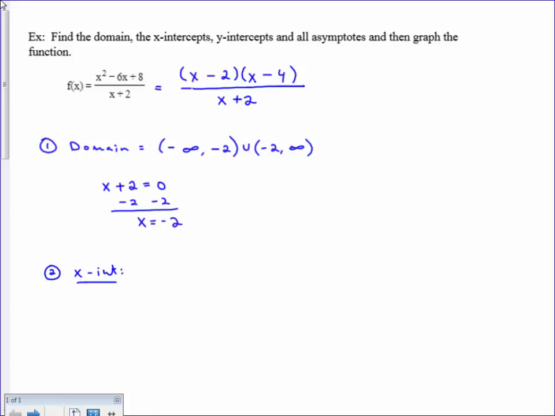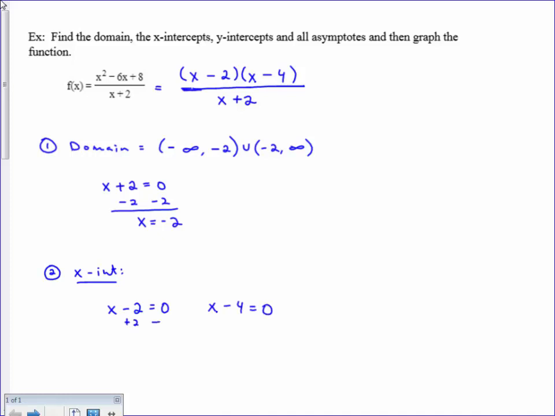The reason that I need to factor before I find my x-intercepts is sometimes I have factors that cancel. The factors that cancel do not need to be included in my x-intercepts. To find my x-intercepts, I set the numerator of my function equal to 0 after I factor and cancel. In this case, nothing cancels, and so I would want to set x minus 2 equal to 0, and I would want to set x minus 4 equal to 0.